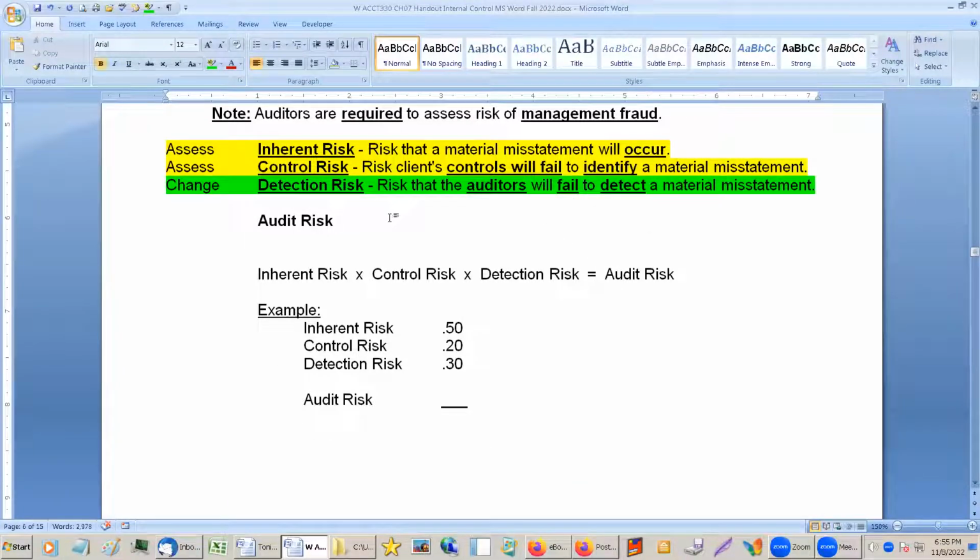Now down here, audit risk. Risk that an undetected material misstatement.